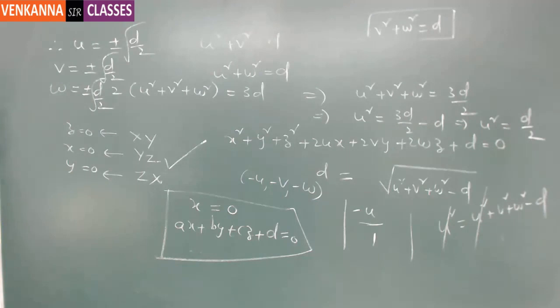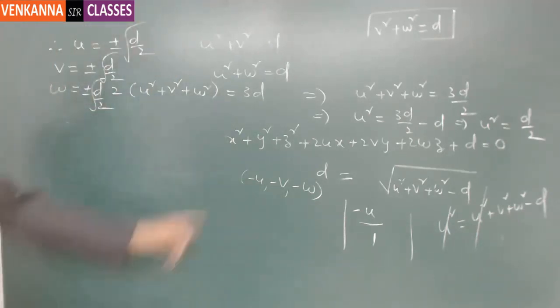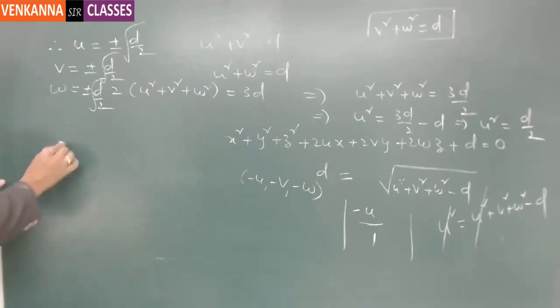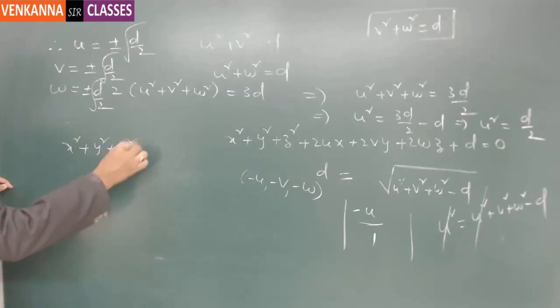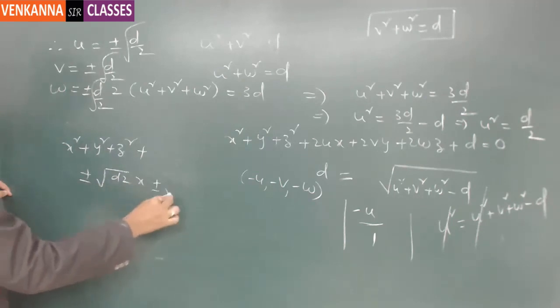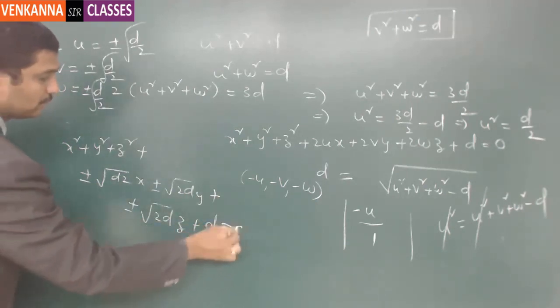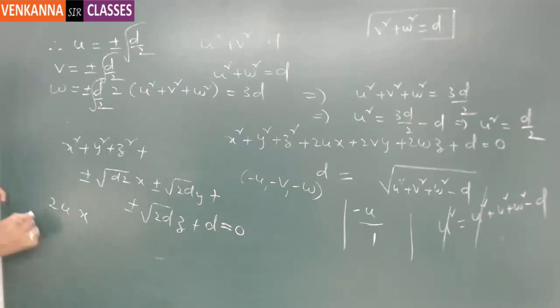So if you substitute all these values in the general equation of the sphere, if you substitute u, v, w values there, the sphere equation will become x square plus y square plus z square plus or minus root of 2d times x, and similarly for y and z. Because if you take 2ux, it is nothing but plus or minus 2 into root of d by 2 times x, so it will come root 2d, if you observe that. Are you clear?